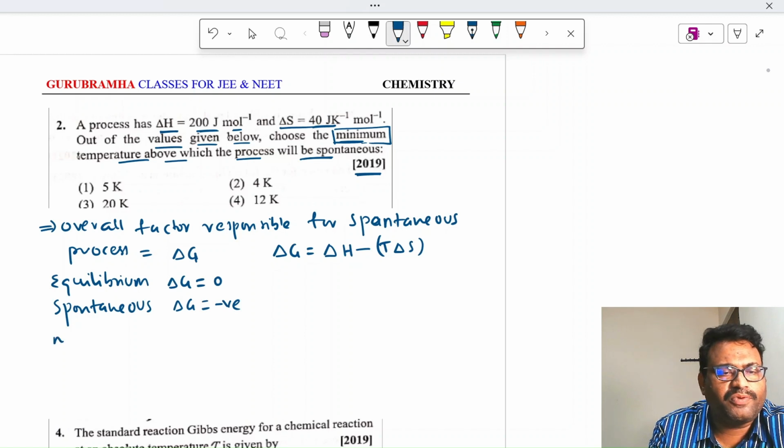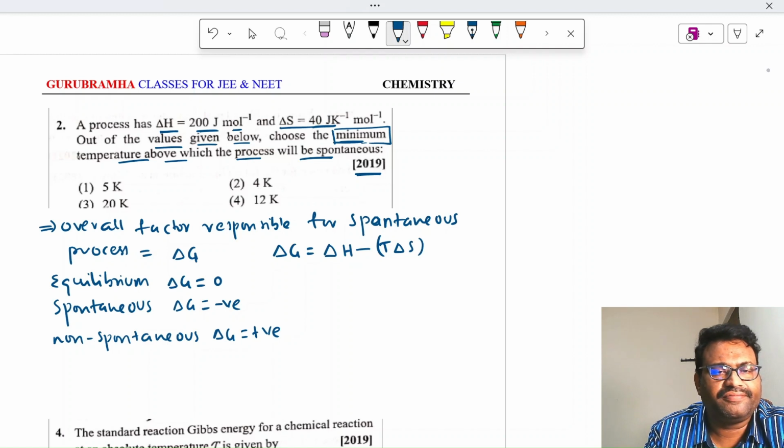For a process to be non-spontaneous, delta G is positive. So these things we have studied. First of all, let us see at what temperature the reaction becomes equilibrium. To solve such a question, we have to see this. Delta G is equal to 0 for equilibrium.